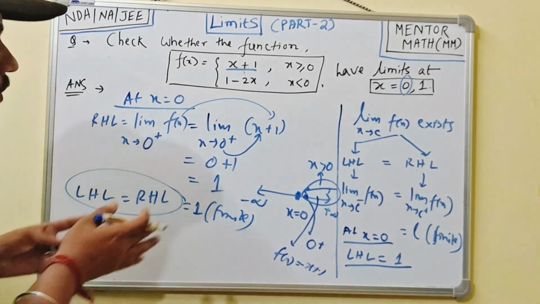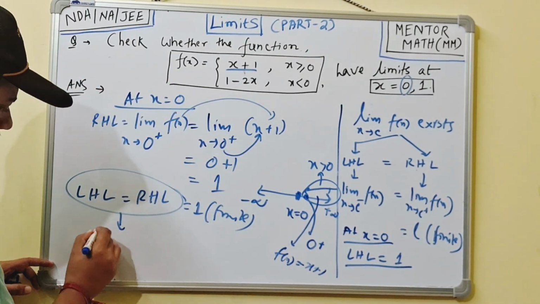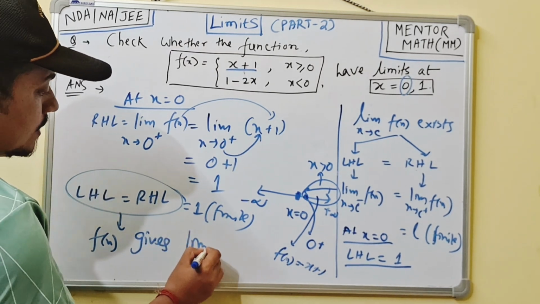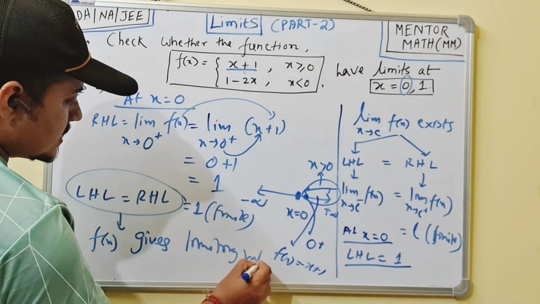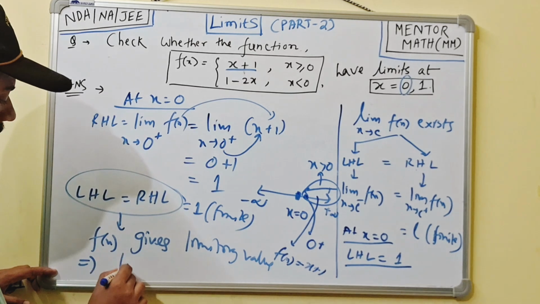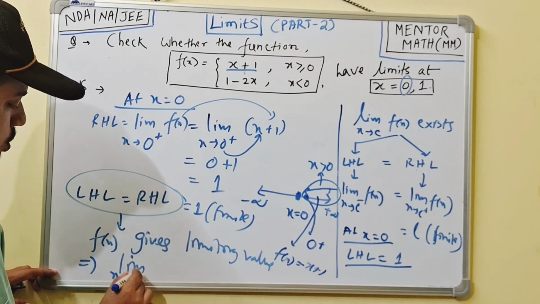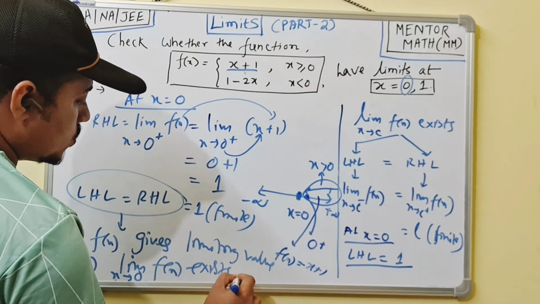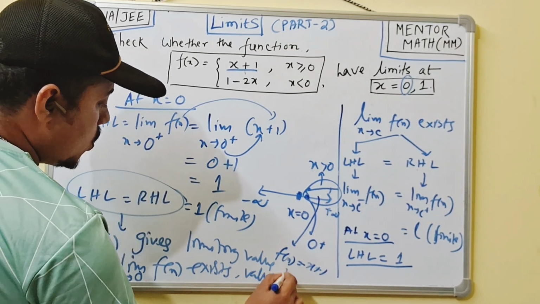So obviously this function gives a limiting value, that means the limit as x tends to 0 of f(x) exists and its value is equal to 1.